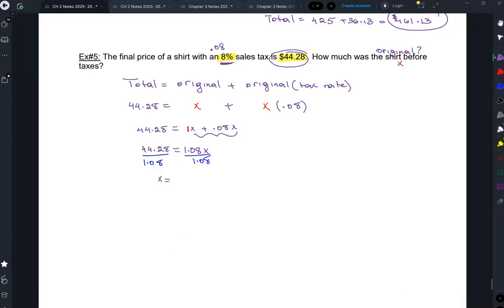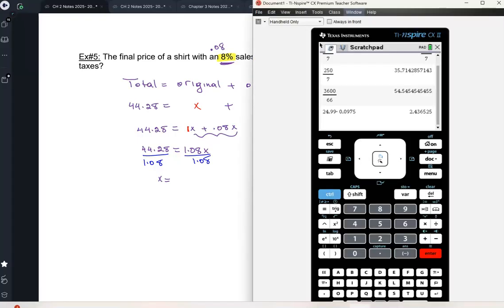Let's put that in your calculators. 40.97. Well, let me see. Is it? So 44.28. Sorry, I typed it wrong. Yeah. Divided by 1.08.